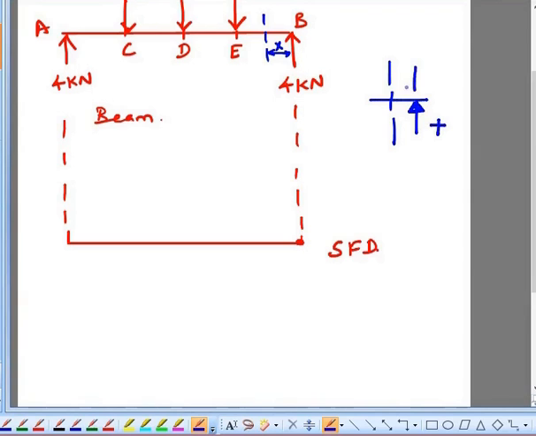If it is like this, you will be having a negative value, but I am having this case. To the right of the section, I am having the force in the upward direction, so it is a positive shear force. So to the right of the section, I am having only one force, that is 4 kilonewton. So you can draw a line like this.